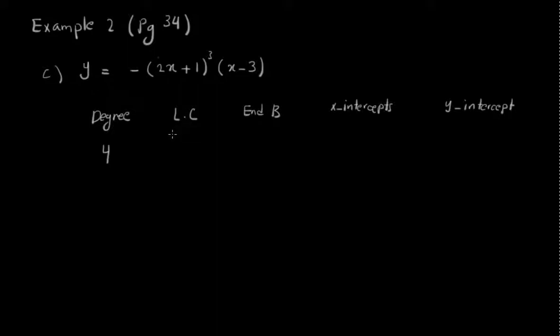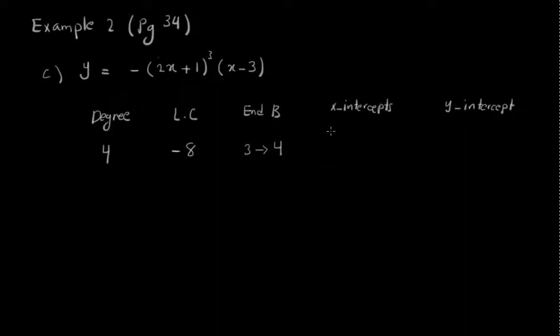The leading coefficient would be the product of the coefficients of the x. We have a negative here at the beginning, and we have a 2 here and a 1. This 2, when it goes to the power of 3, would become an 8. And there's a negative sign here, so the leading coefficient is negative 8. Having an even degree function with a negative leading coefficient, we get an end behavior from quadrant 3 to quadrant 4.